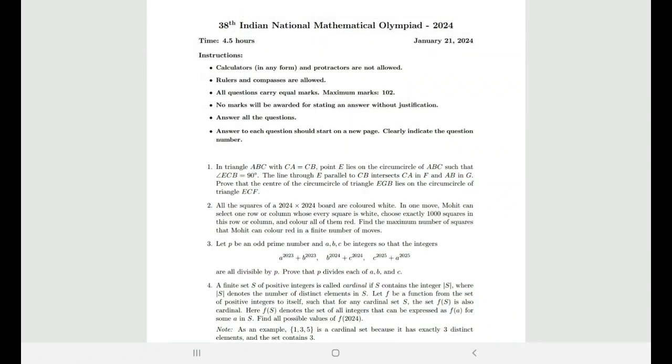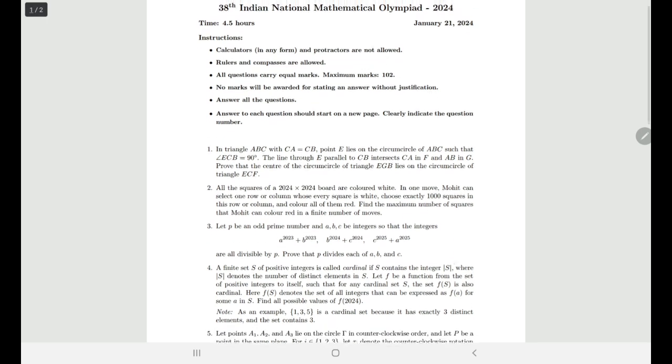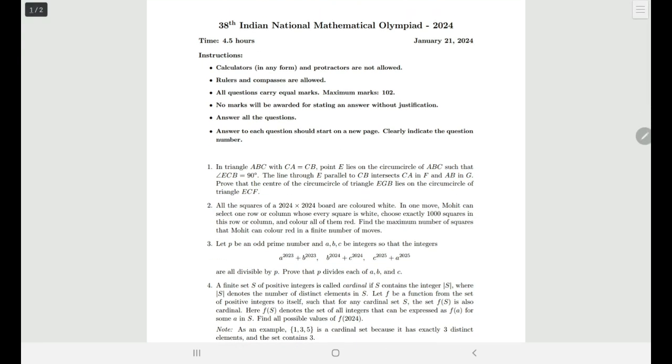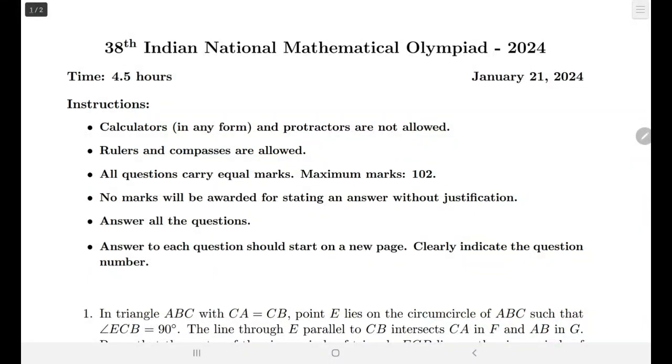In this video we'll be discussing the INMO 2024, which is the Indian National Mathematical Olympiad. So far for this specific year we've discussed first the IOQM, and after the IOQM we discussed the RMO as well, and now finally we're discussing the INMO, which is I think the last test to qualify to train in the camps and so on.